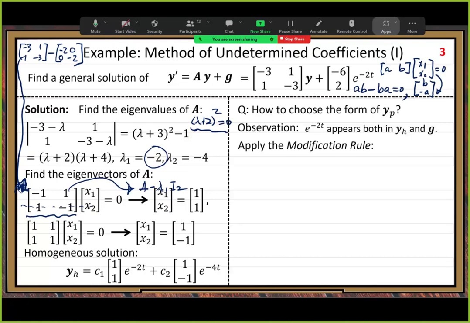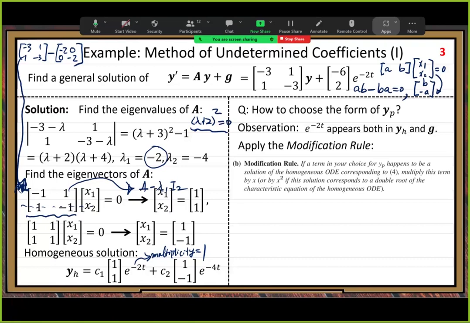This time I explain how to use it, but later there are several times I need to explain how to use this rule. So here, multiplicity equals 1. We use the multiplicity equals 1 information to help us. I just copy the modification rule.